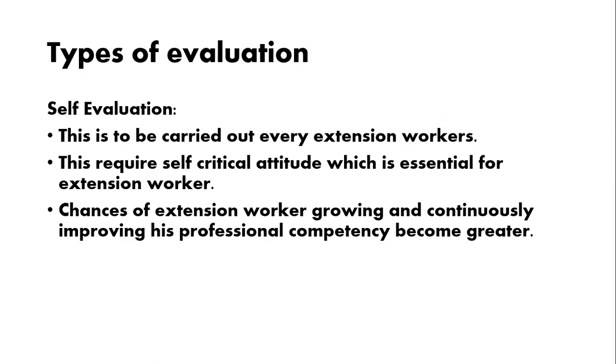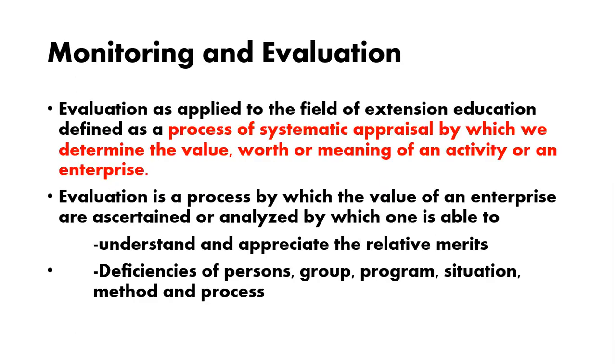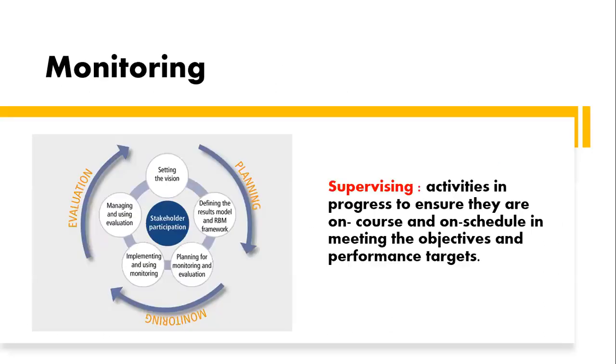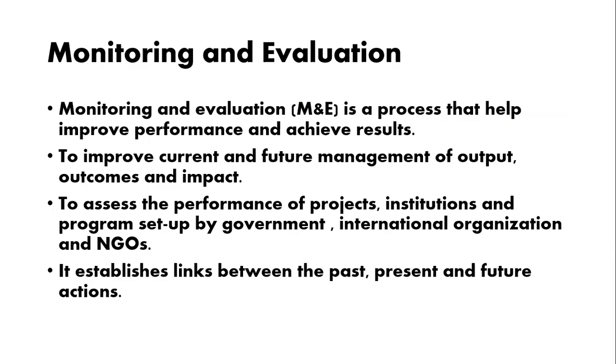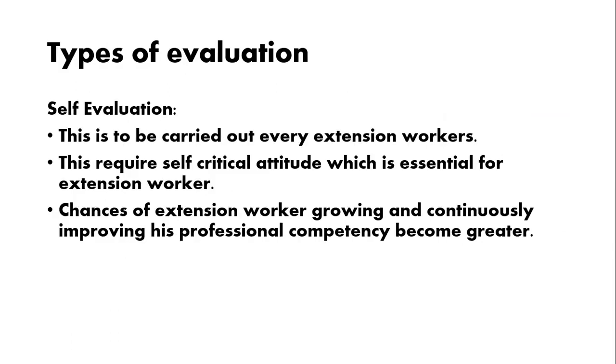Types of evaluation, then you know, right? Monitoring and evaluation is a process of systematic appraisal, and monitoring is continuously checking that this project is going according to schedule. Monitoring can be used to check the performance and impact of the project.